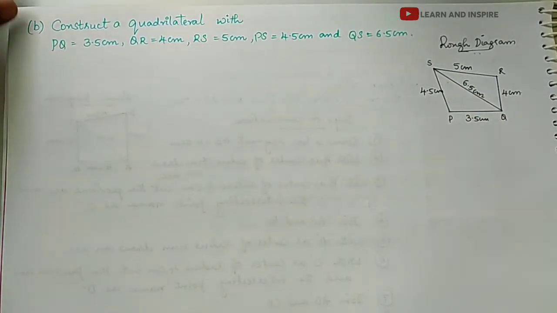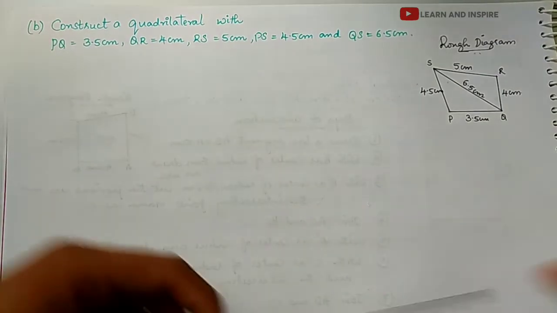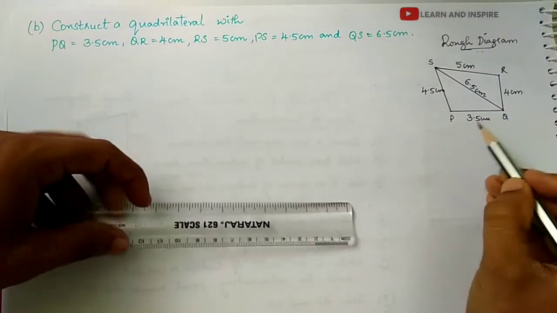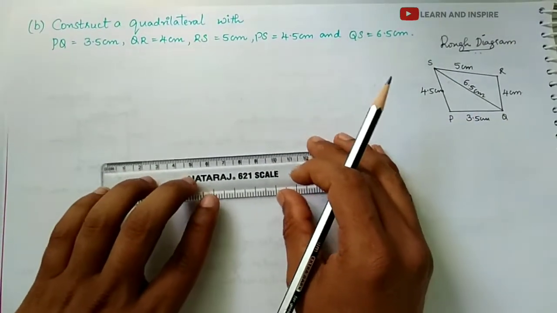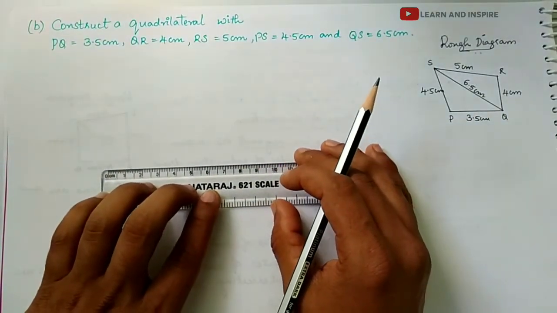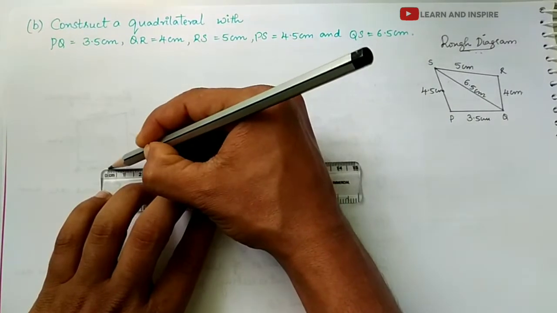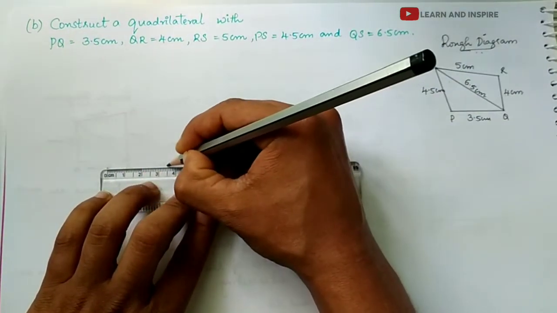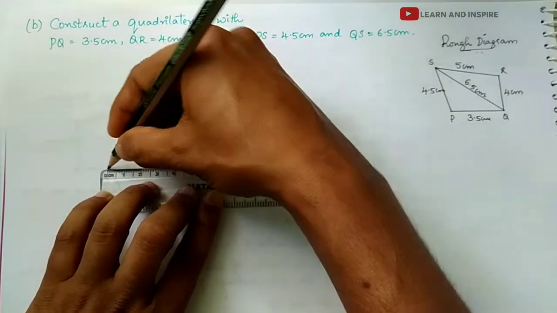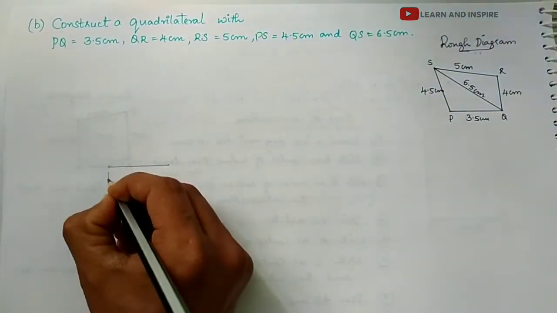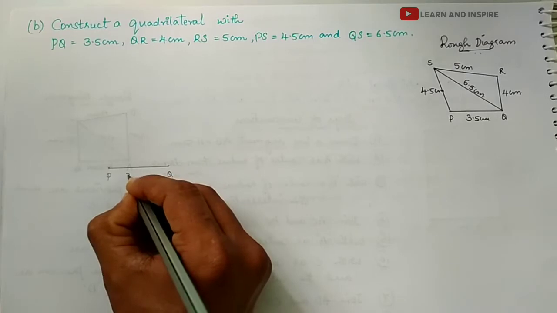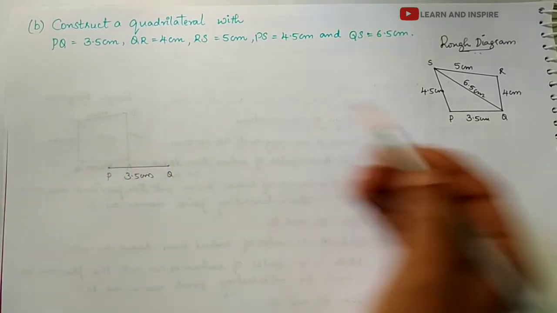So let us start. First step is draw a line segment PQ is equals to 3.5 centimeters. Now what is step 2?